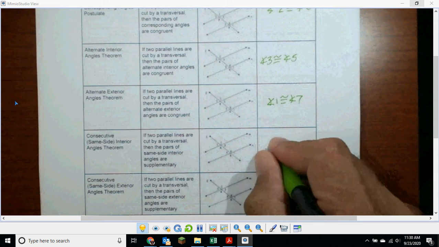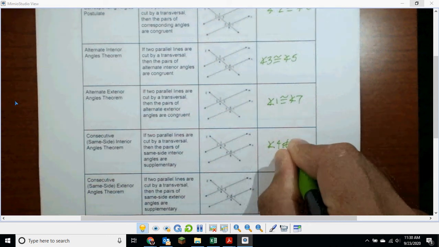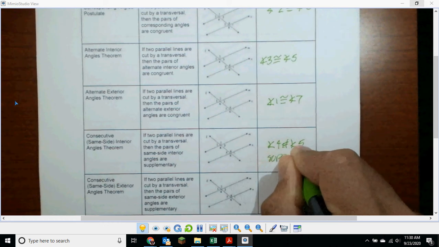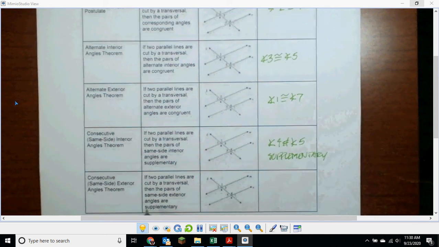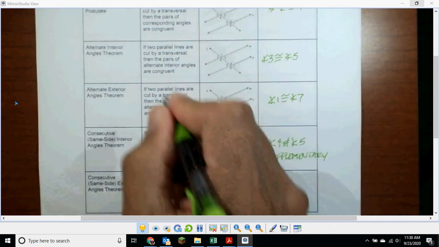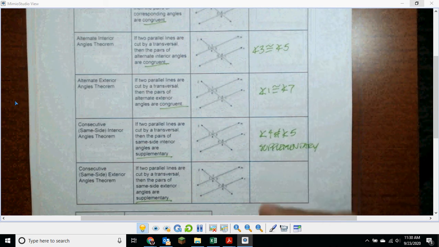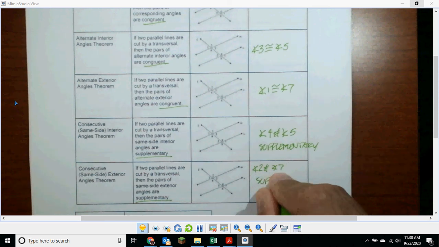Consecutive or same side interior angles are supplementary. If that means they're supplementary, then I can conclude angle 4 and angle 5 are supplementary. And then exterior angles are also supplementary, so that would tell me that angle 2 and angle 7 are supplementary.